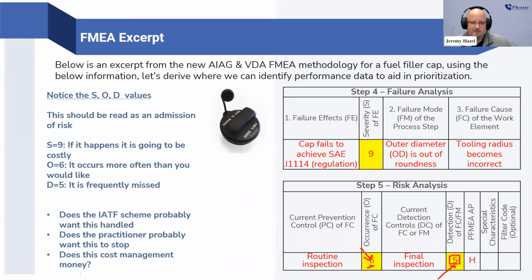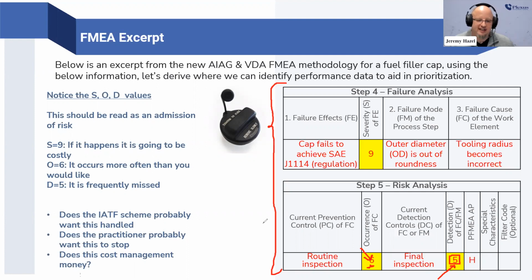Absolutely not. So when you think about the FMEA, whether it's design or process, you should read it from a risk-based perspective, as an admission of how much risk. In this case, this fuel filler cap's FMEA passes into the fuel system.